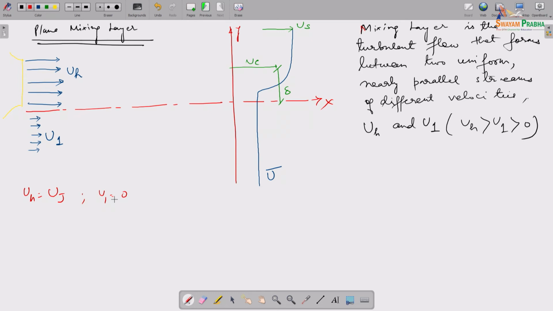This is what I'm trying to say here. Again, the dominant direction of flow is X, and the statistics are independent of Z.